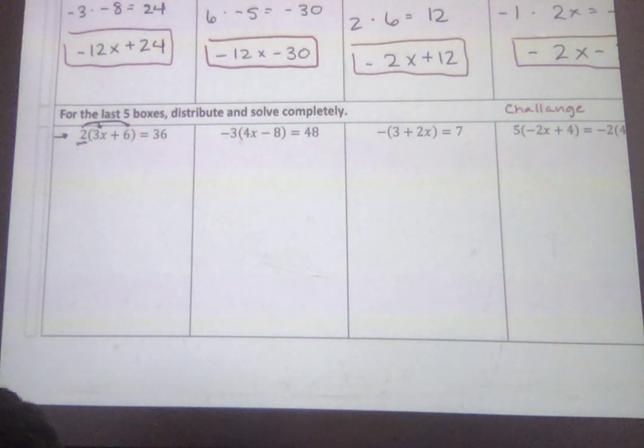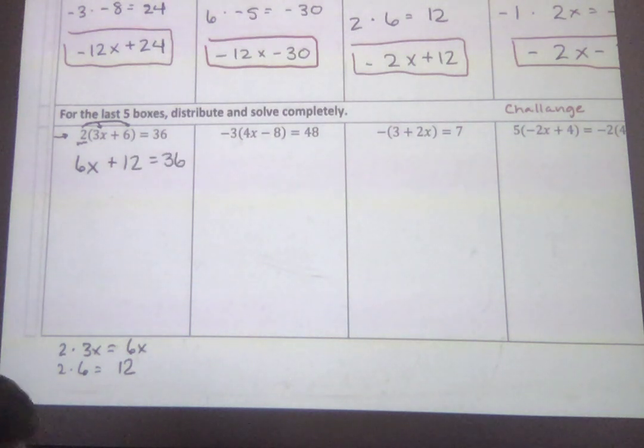So in this one, we're going to take 2 times 3x to get us 6x. And then we're also going to multiply 2 times 6 to get us 12. So it would be 6x plus 12. Yep, and it's a positive 12, so we'll have plus 12. And I'm going to carry down my equals 36 because we hadn't done anything with that yet.